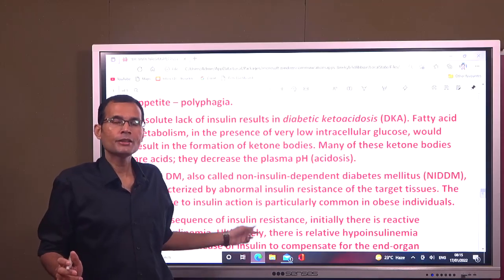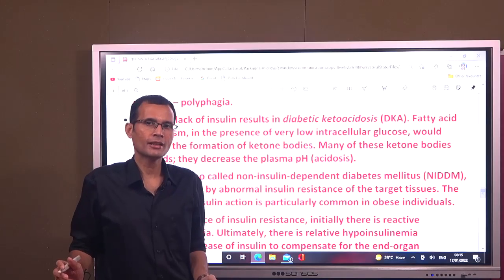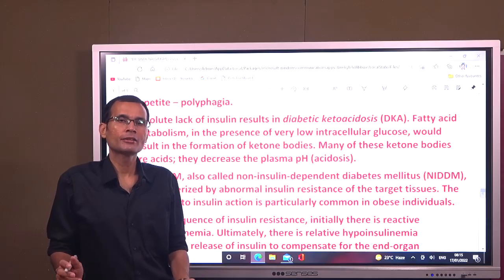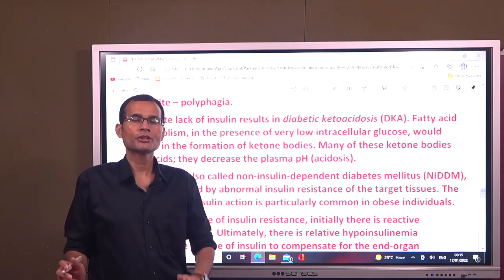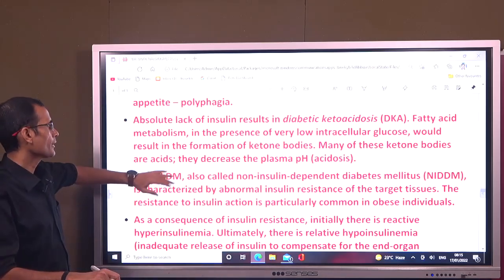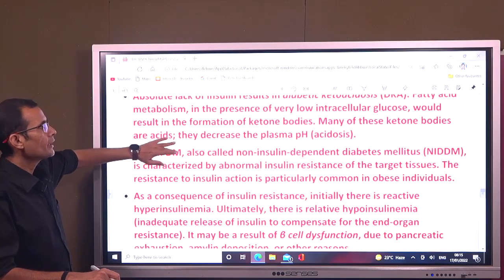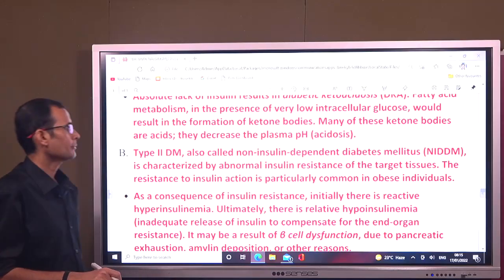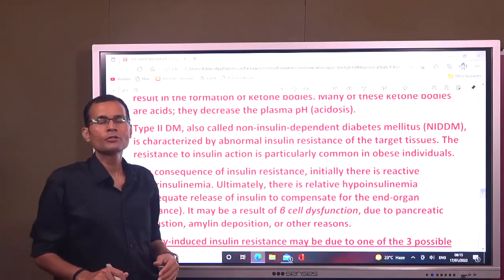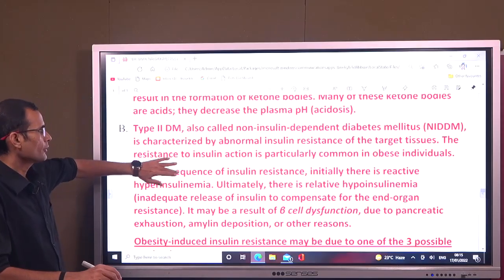In insulin deficiency, this glucose would not be available inside the cells, and therefore incomplete oxidation of fats results in the formation of ketone bodies. That's diabetic ketoacidosis. It results from abnormal fatty acid metabolism. And they are acidic. Therefore, it will be a metabolic acidosis, diabetic ketoacidosis.